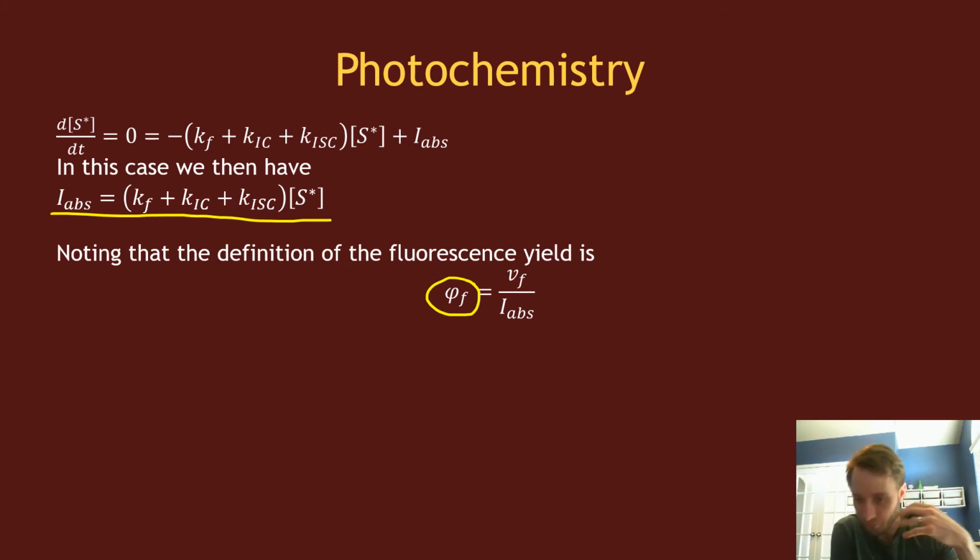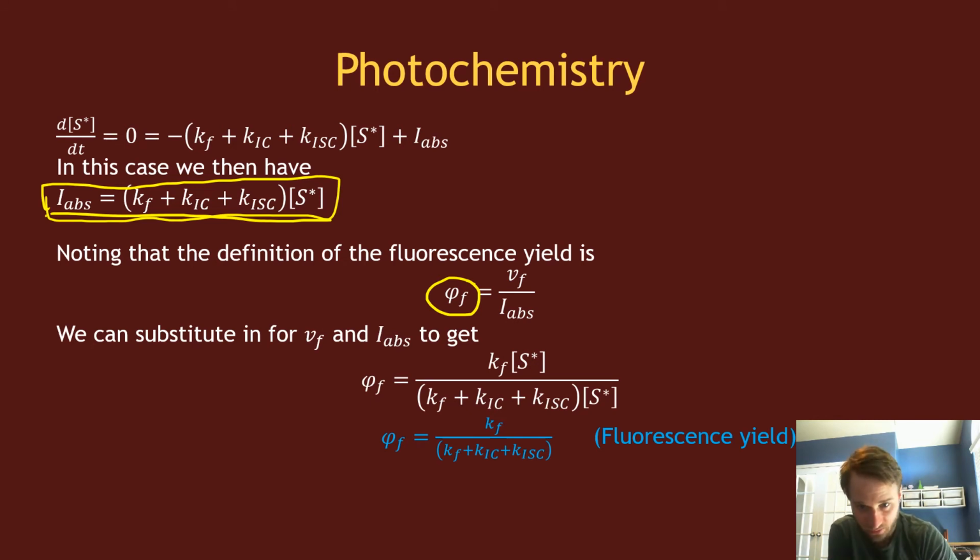That's your fluorescence quantum yield, given by the rate of fluorescence over the absorption rate. Using the steady state approximation, we have the absorption rate in terms of the concentration of the excited state, and the fluorescence rate, by definition, is just Kf S*. We plug in this for the absorption and that for Vf to get this equation. The S* cancel, and you're left with the quantum yield.